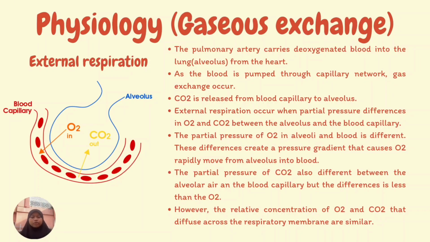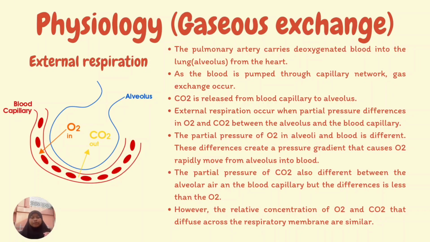For external respiration, the pulmonary artery that carries deoxygenated blood from the heart will pump it to the alveolus. As the blood is pumped through the capillary network, the gas exchange will occur. The carbon dioxide is released from the blood capillary to the alveolus.